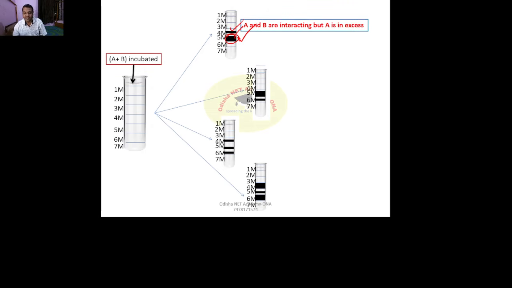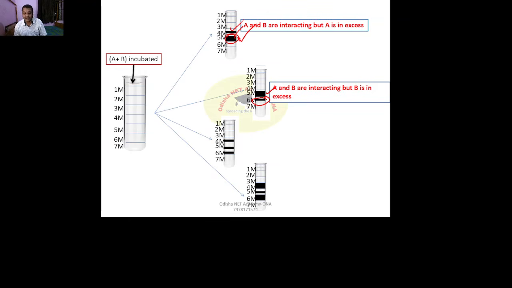Clear? Then another case. In this case you can easily say A and B are interacting, but B concentration is more. Now suppose you are getting almost equal thick bands at three positions: the A position, the interacting position, as well as the B position. How can you interpret this result?